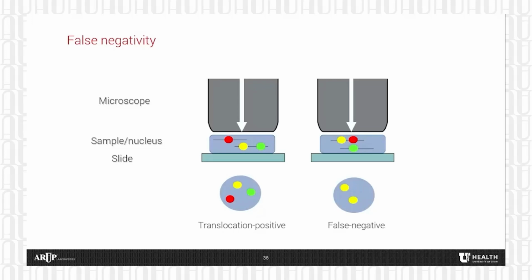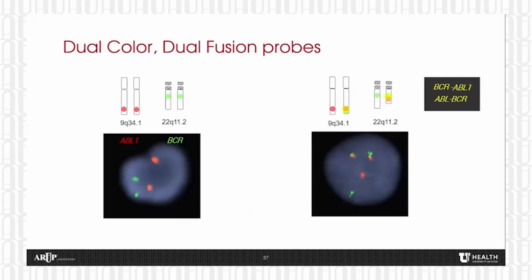And then in the second image, there is no translocation. However, the green and red signals are overlapped, and you falsely get 2 yellow or 2 fusion signals, and might interpret that as negative.